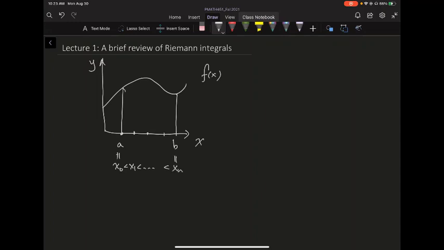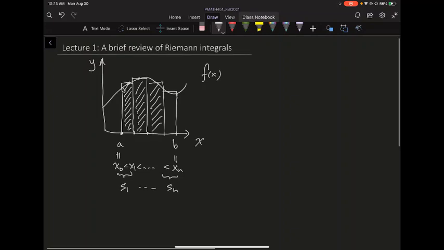And then on each of these pieces, the Riemann integral is saying you can use a rectangular area to approximate the total area of this function. So you use some rectangular area like this. So in other words, on each of these subintervals, you pick some sample points, let's say s1 up to sn.